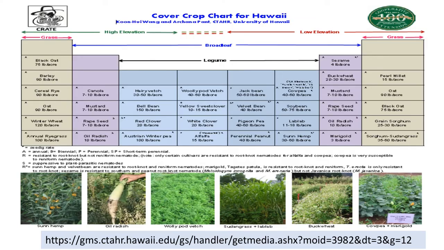So you can access this website to obtain a cover crop chart for Hawaii that recommends cover crop based on their growth habits, whether they are suitable to grow in colder climate, higher elevation or lower elevation, or looking at whether they are low C/N ratio or high C/N ratio, the grassy material. Or you can also look at those that have some nematode suppressive properties on the last row of crop here.